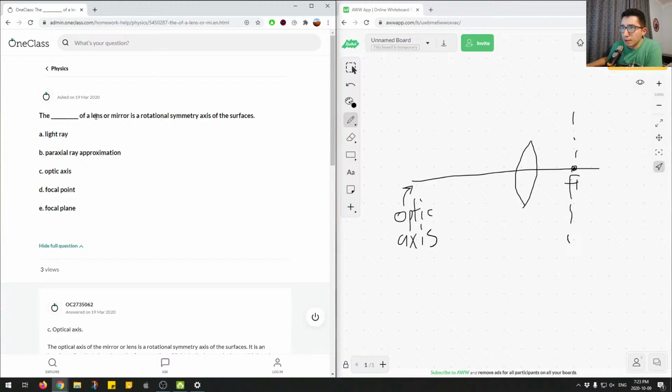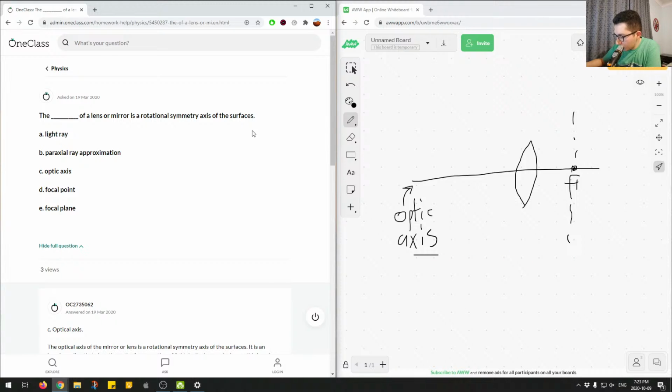So here it's asking for what is the thing of a lens or mirror that is the rotational symmetry axis of the surfaces. Here we know this lens gets intersected by the optic axis in the center.